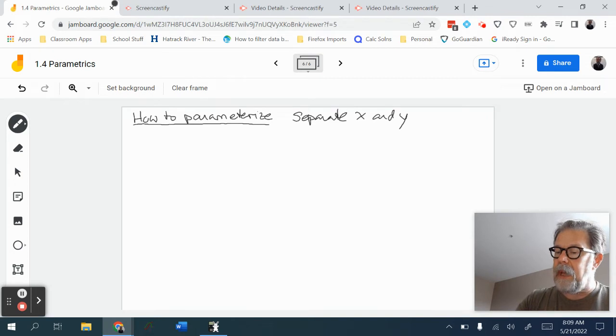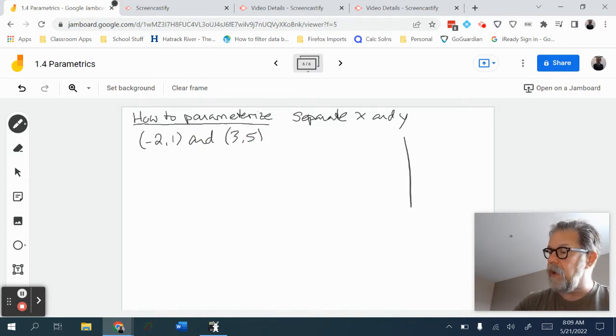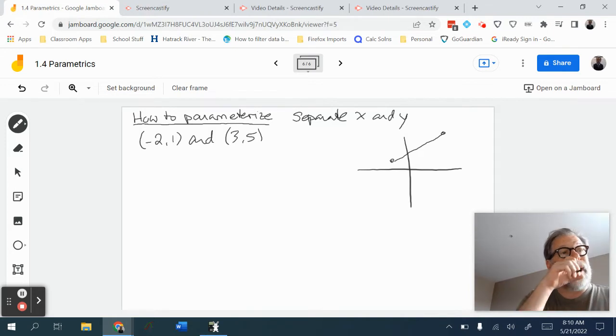We've got a line segment with endpoints -2, 1 and 3, 5. So if I draw a quick sketch, here is my line segment. And let's say that for the sake of argument, we're going to start at t equals 0 at this point. At time 0, we're going to start here.